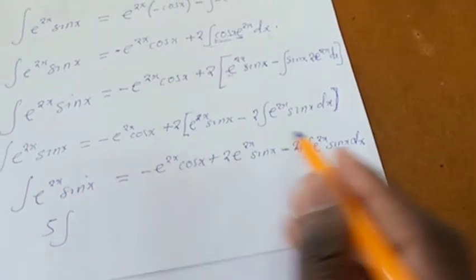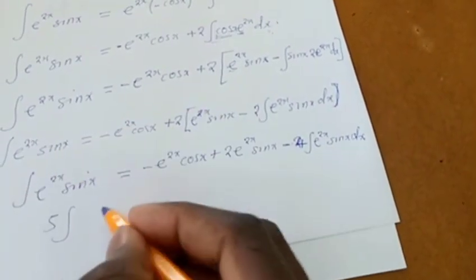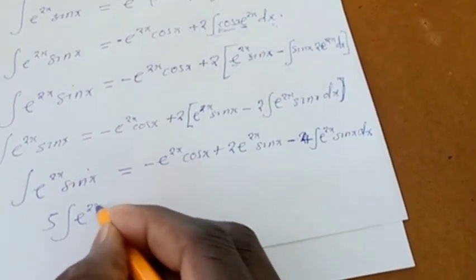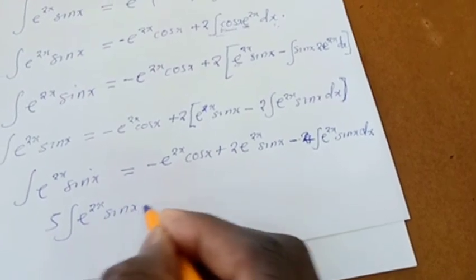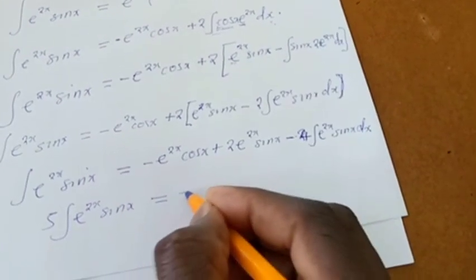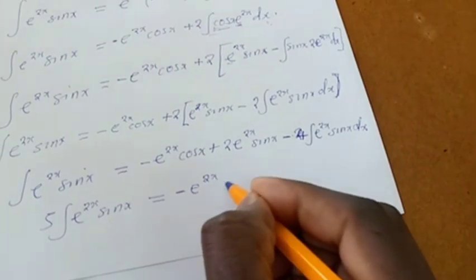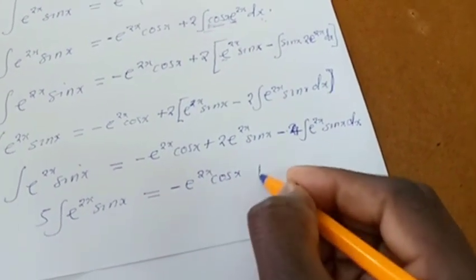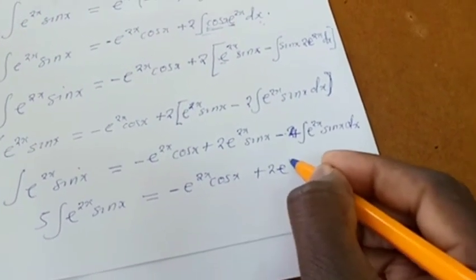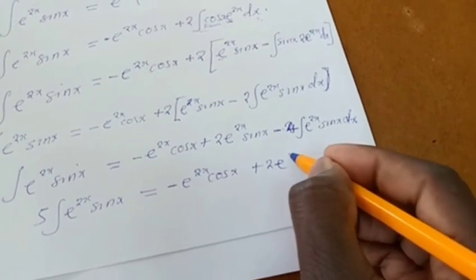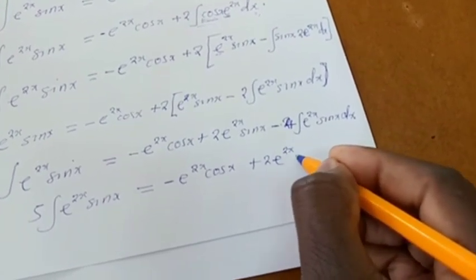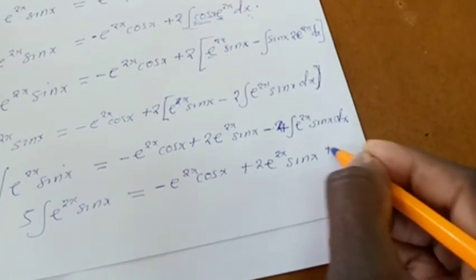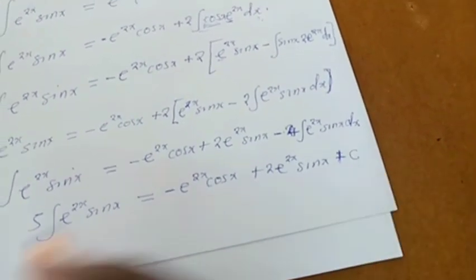That's why you're going to have 5, because this is now going to be plus, so 5 integral of e to x sin x is going to be equal to negative e to x cos x plus 2e to x sin x plus c.